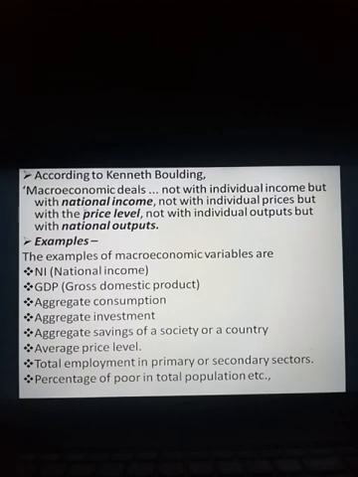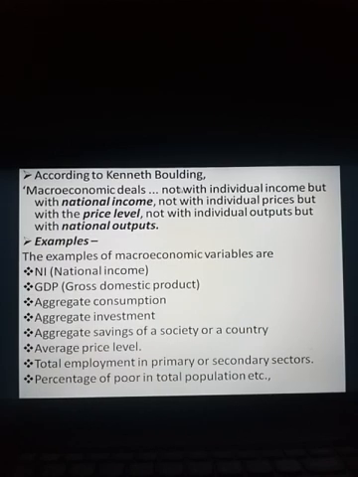See, when you observe this definition given by Kenneth Boulding for the first time, you will have some kind of confusion. To be more simple, you can take three variables here: individual income, national income; individual price, price level; individual output, national output.